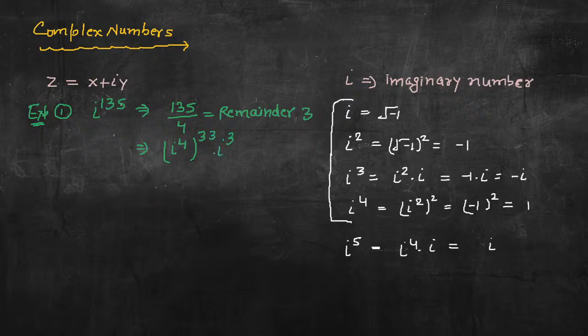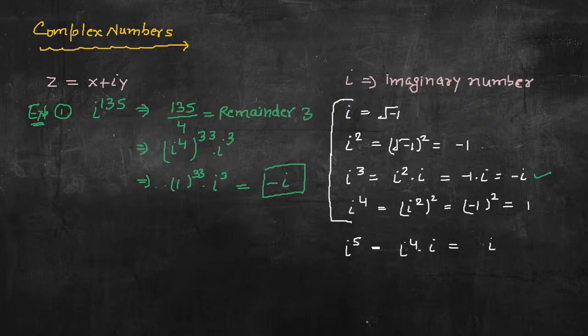We know that iota raised to power 4 becomes 1. So 1 raised to power 33 is 1, and it will become iota raised to power 3, and iota raised to power 3 will be minus of iota. Okay. So every time your answer will be either minus 1, minus iota, 1, or iota.